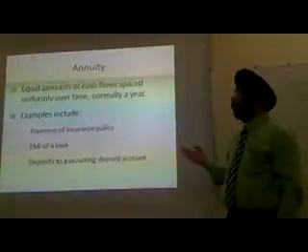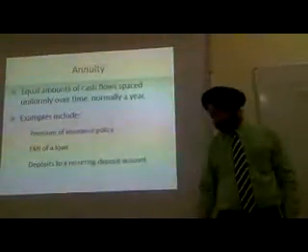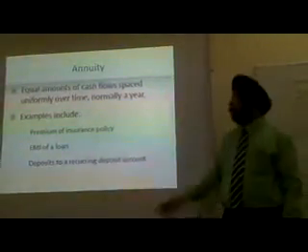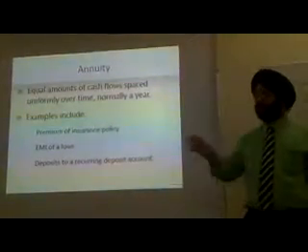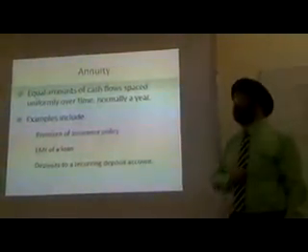Annuity value can be for compounding, annuity value can be for discounting. For example, premium of an insurance policy, EMI of a loan, deposit of a recurring deposit where you are continuously paying the same amount, all are annuity amounts.